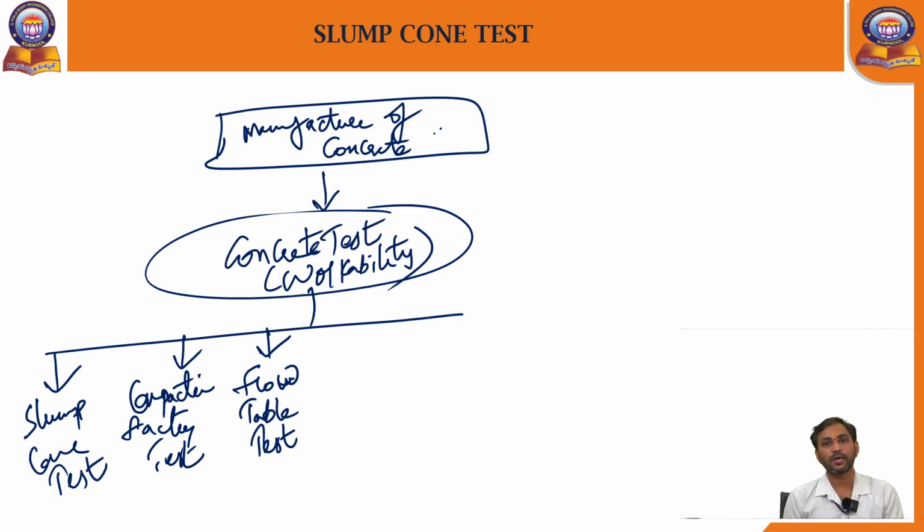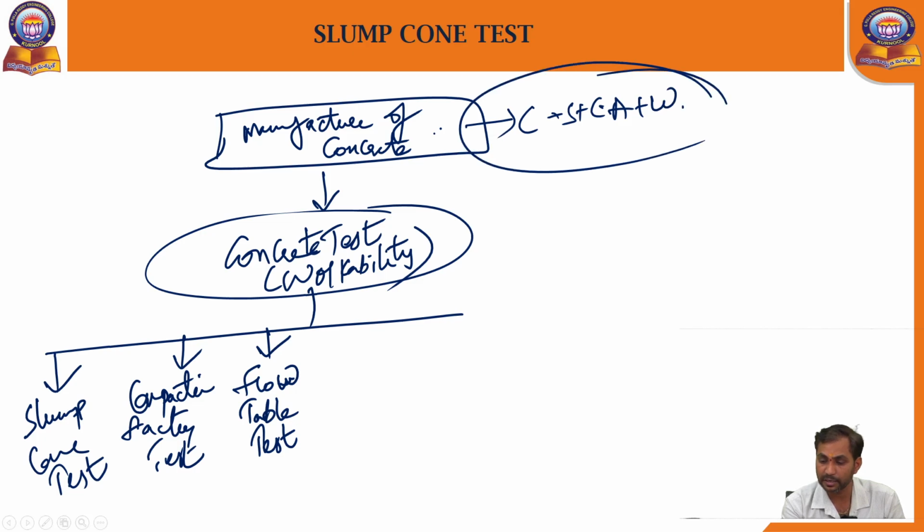To measure the workability of fresh concrete, there are different types of tests. First, you have to mix cement plus sand plus coarse aggregate plus water, with the addition of any additive materials. Then only we conduct the test.